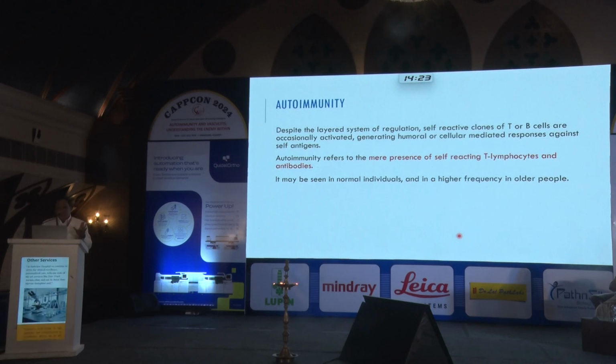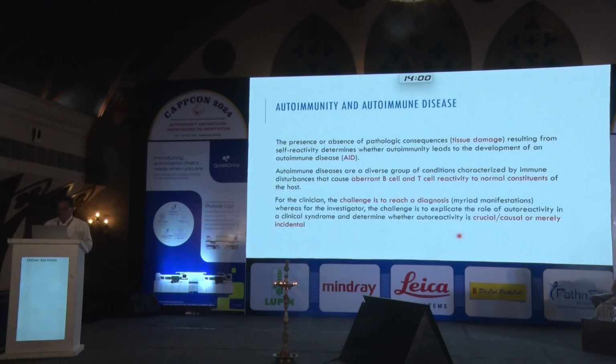It is the mere presence of these self-reactive cells. Many normal individuals will have autoreactive T cells and B cells, but that doesn't mean the patient has autoimmune disease. It can be present even in normal individuals.